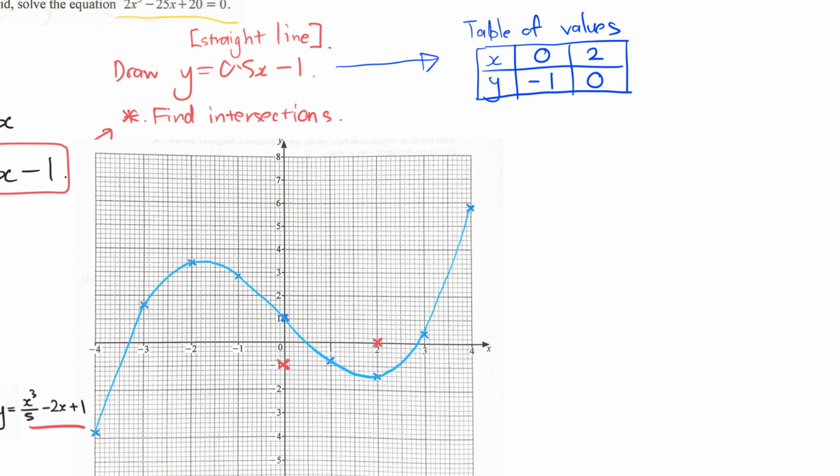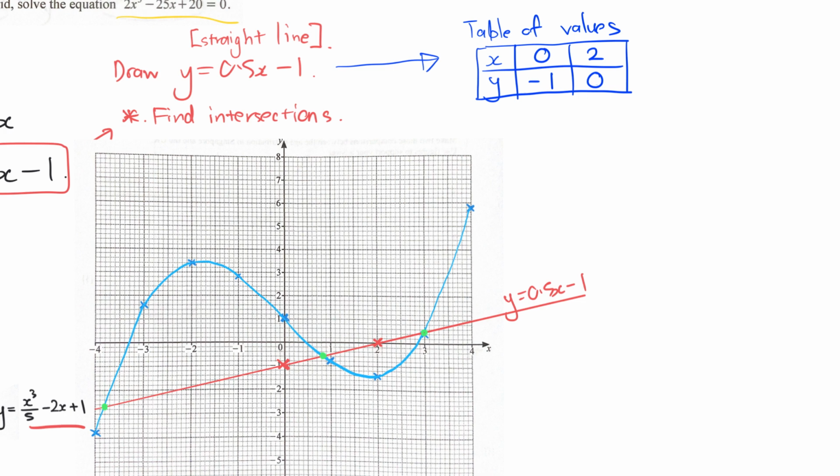Right, so using a table of values as shown, it's a straight line, so you only need 2 points. I draw that line here, so this is y equals to half x, or 0.5x minus 1. You will notice that there are 3 points of intersections, right? 1, 2, and 3.